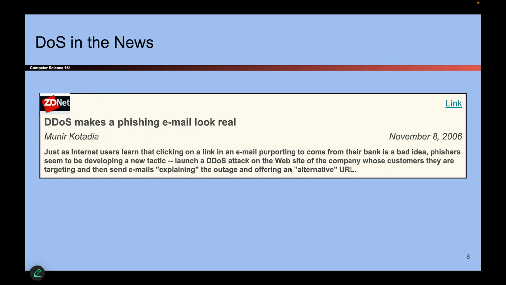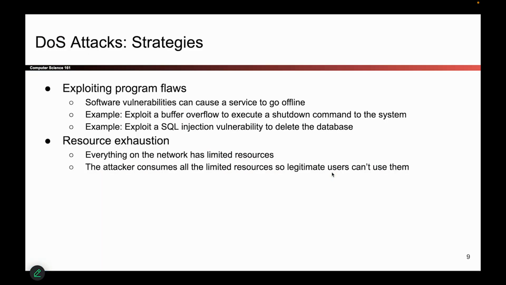There are different goals that people might want to do where, I don't even know what this one is. It seems like they're taking a service down and then explaining the outage using a different email, and that email is a phishing attack. So they're combining two different attacks. So there's all these different things you can do that lead to denial of service, and they can happen for lots of different motivations.